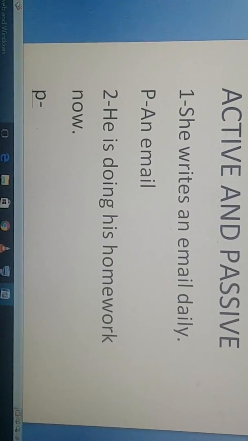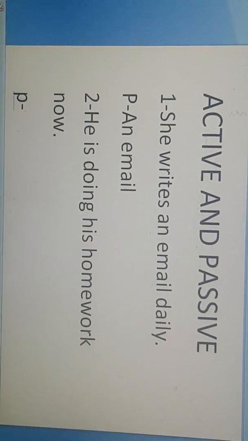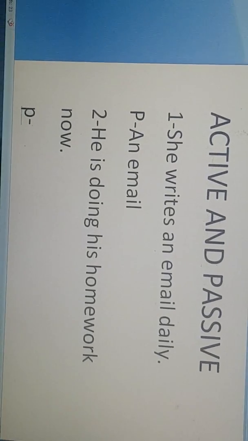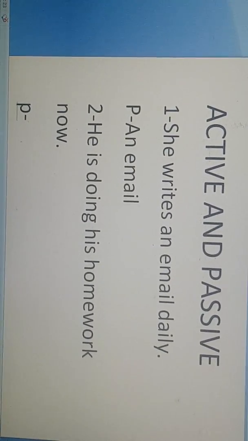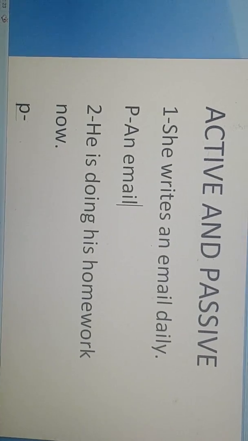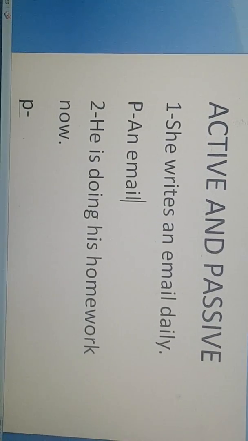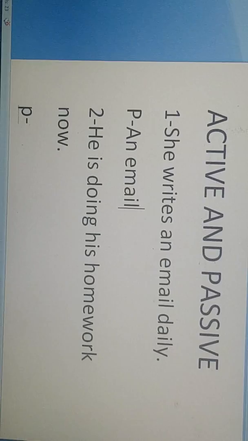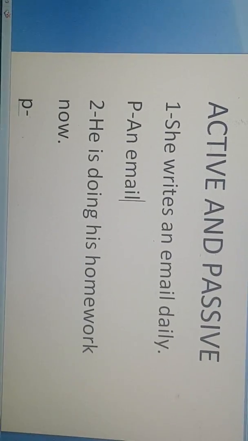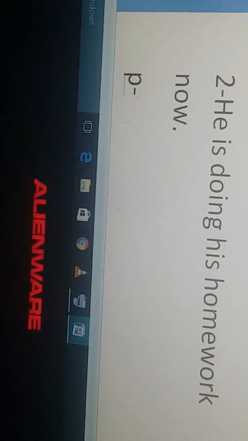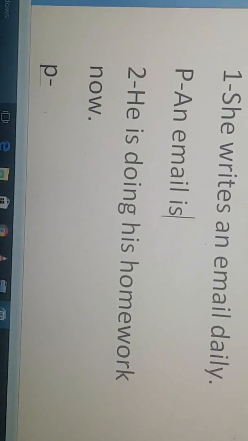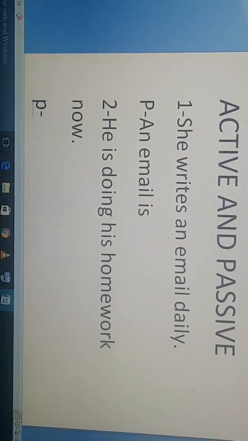That means the main verb has been used in present indefinite tense. So in present tense, the auxiliary verbs are am, is, are. An email has been written as subject, so automatically it will be followed with is, because it is singular. An email is.